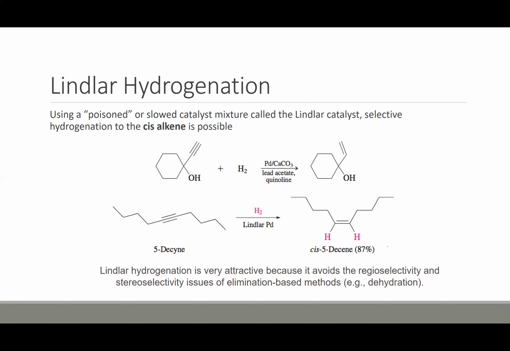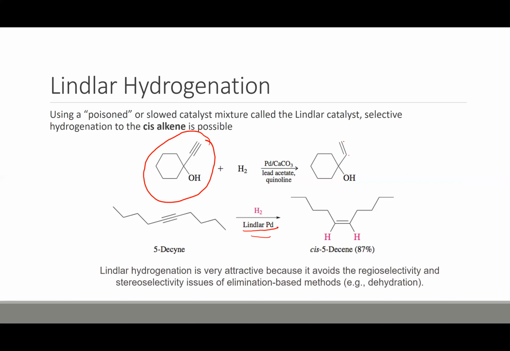So for example, if you start with this molecule here with a triple bond on it and you used a Lindlar catalyst, this is the actual setup of the Lindlar catalyst. Usually you will see it just written like this, Lindlar palladium. It's a Lindlar poisoned catalyst. That's how you'll see it written. So if we were to use a Lindlar catalyst, we will hydrogenate only to the double bond.